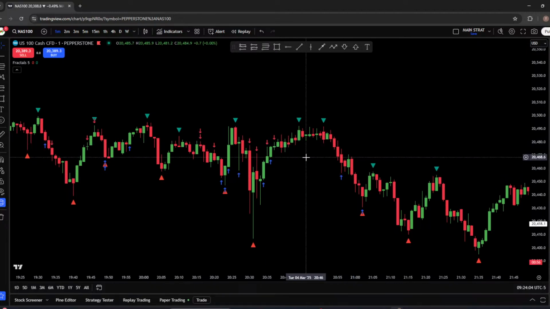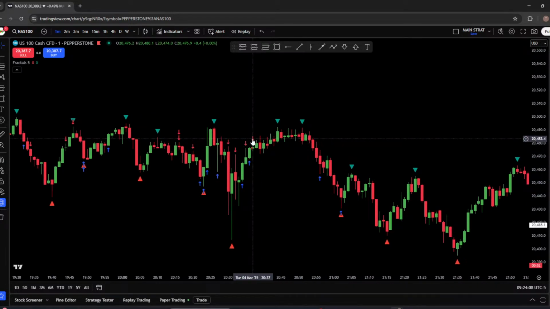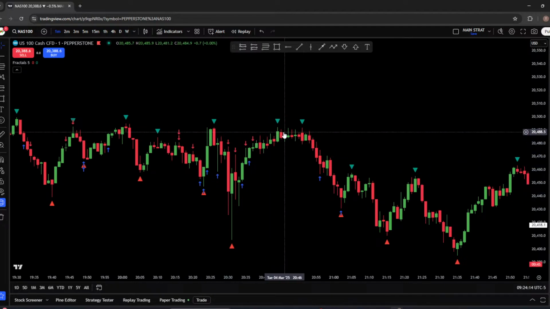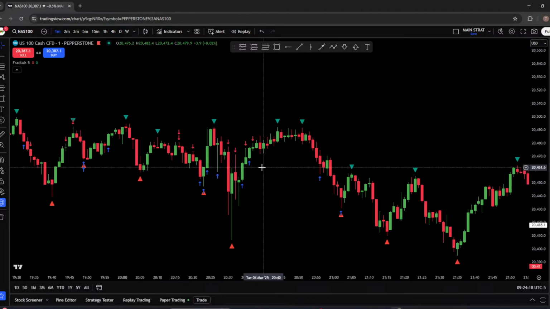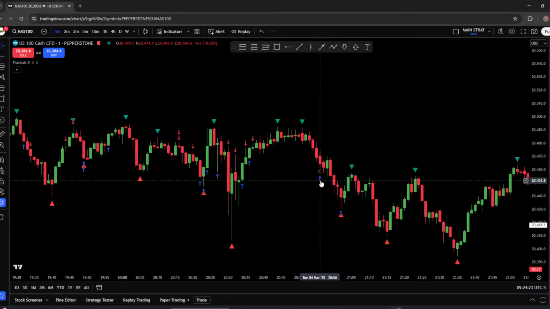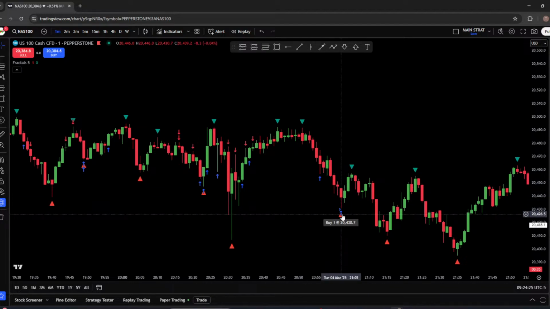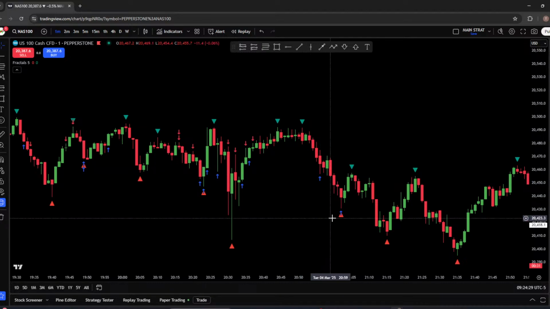I'd have to go look back, but I think I sold three here because we broke to the downside. Then waited, and we took one profit here inside that fair value gap, and then we took another off here. So we took a sell of three, then took two off there and one off there.